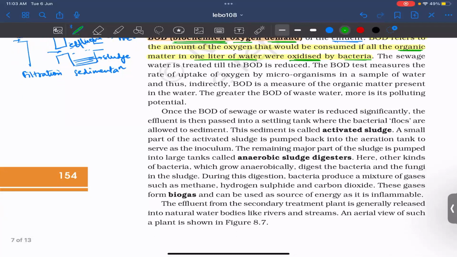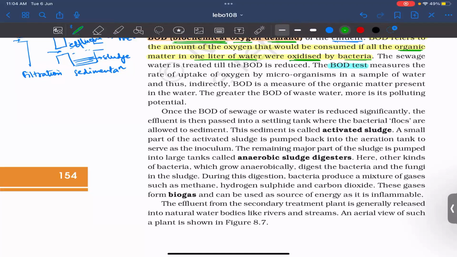Now after sewage water is treated till the BOD is reduced, then the BOD is measured by the BOD test. What is the BOD test? It measures the rate of uptake of oxygen by microorganisms in a sample of water.